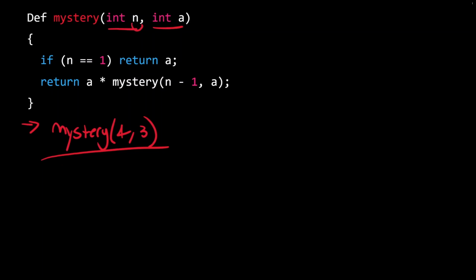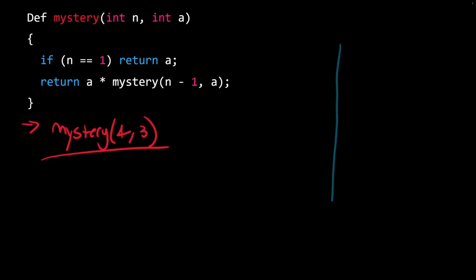Okay, so we see that our base case seems to be that when n is equal to 1, we're just returning a. And then every time we multiply a with the returned statement of this mystery call. So this mystery call is going to be digging deep somewhere, and it's going to eventually pop back up and multiply with a. So instead of trying to do this in our heads, let's think like the computer.